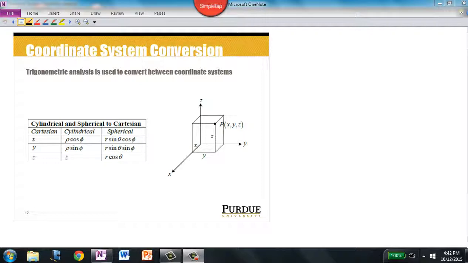And there is no conversion necessary from cylindrical z to Cartesian z. Similarly, if we're going from spherical to Cartesian, r sine theta cosine phi gives you x, r sine theta sine phi gives you y, and r cosine theta gives you z. So you can start in either cylindrical or spherical and go to Cartesian that way.